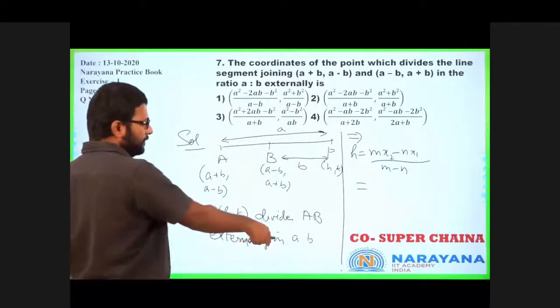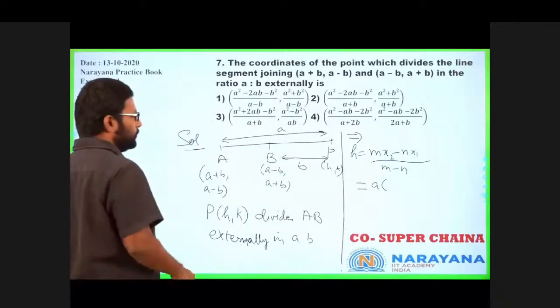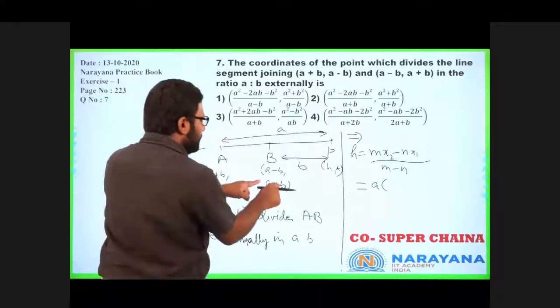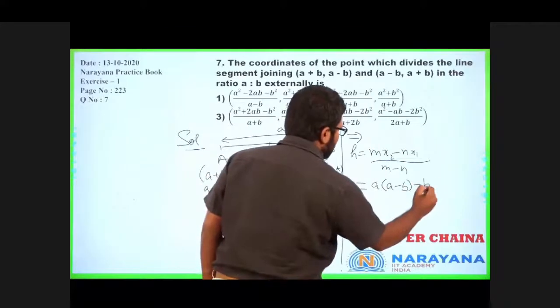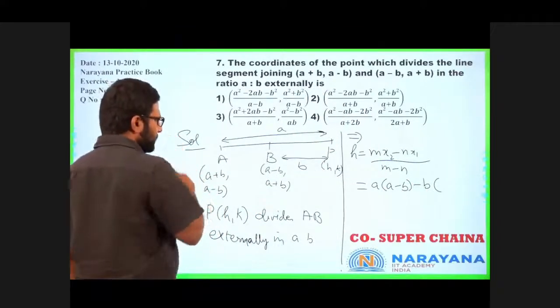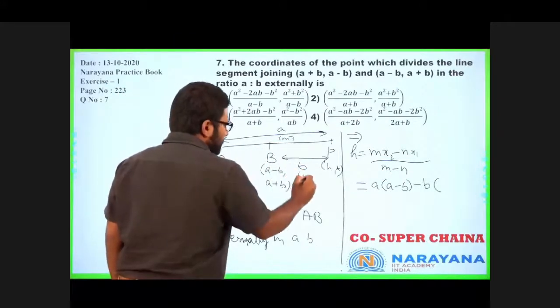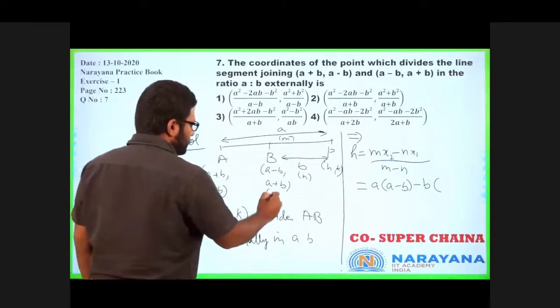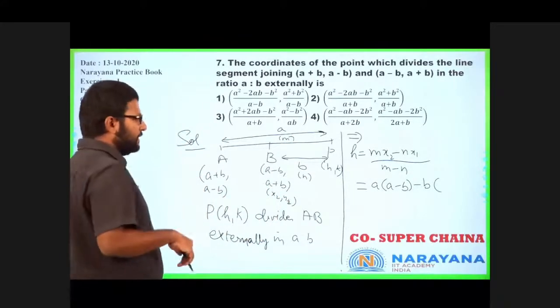In this case, m will be a and n will be b. So a into x2, if this is A, then this will be x2, right? So a into (a minus b) minus b into, by now I hope you understand what is m. This is m, this is n, this is x2 comma y2, so obviously this is x1 comma y1, that much you will understand.